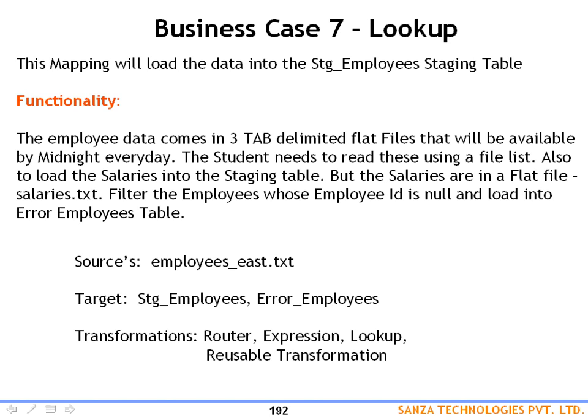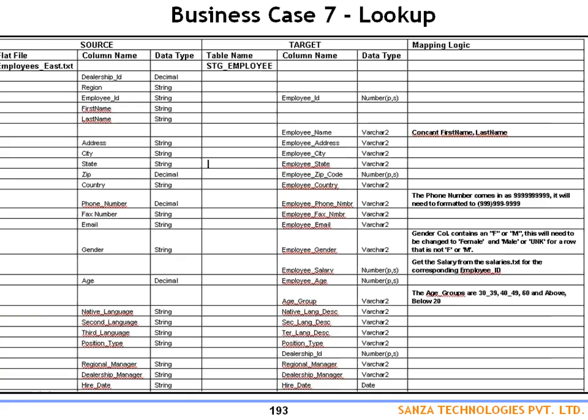Now we are going to discuss the same mapping of extracting the data from employees, loading the data into a stage employees table, and if the employee ID is null, loading the data into the error employees table, and getting the salaries from the salaries.txt file for each employee. Same requirements, same concept, but the only thing is we will use a different transformation here.